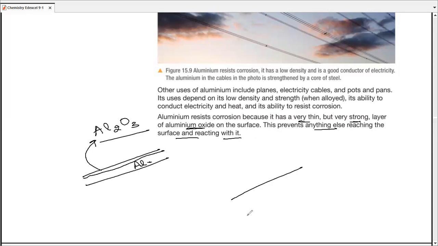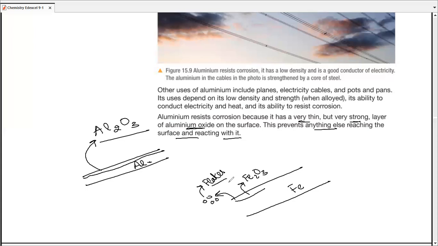Unlike iron, if we have a piece of iron, the topmost layer is going to be converted into Fe2O3. Now the problem with Fe2O3 is that it is going to fall off in the form of small pieces. We call these pieces flakes. I hope you're familiar with the word cornflakes, the common breakfast meal.